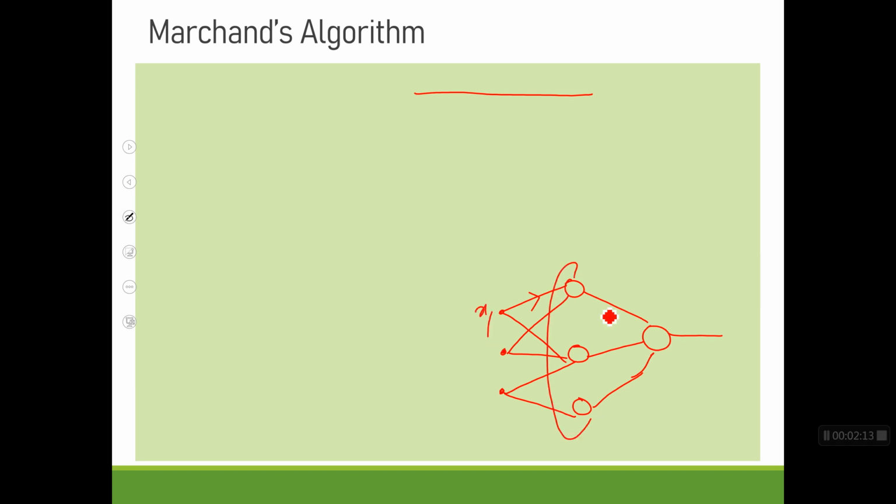Okay, it is not a feedback network, it is feed-forward because there is no feedback connected from the output to the input. So it is a simple feed-forward network.